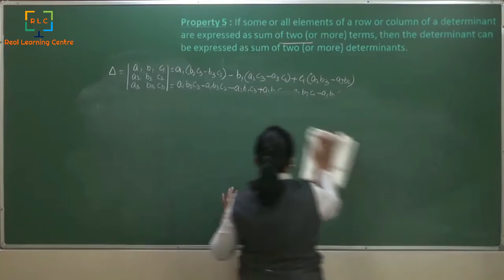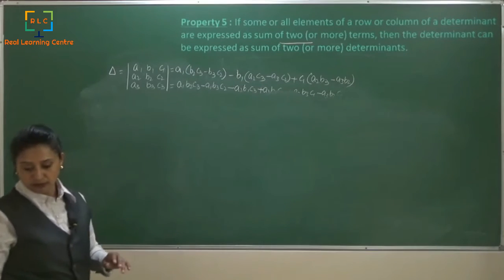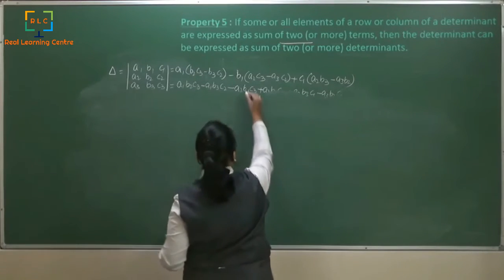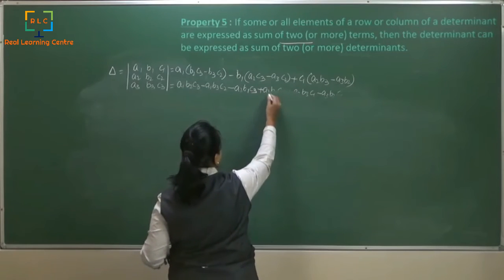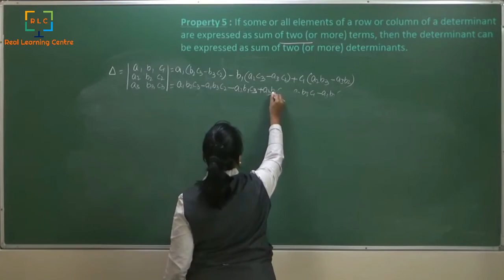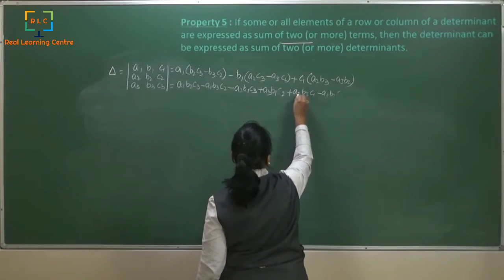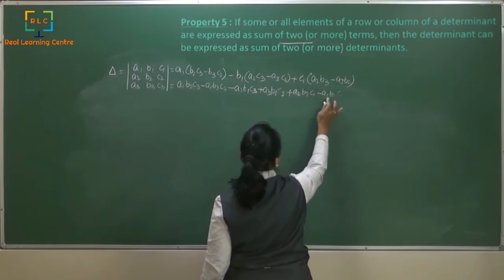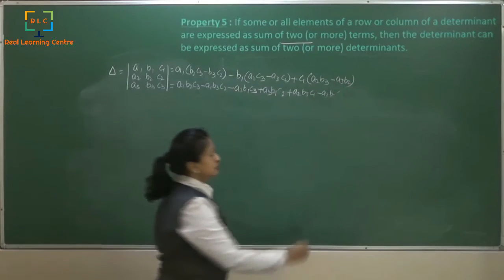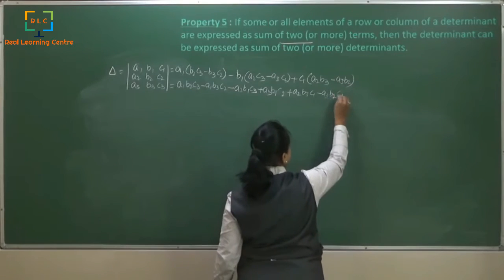Now I shall go to the next property, again retaining the first determinant expansion as it is. This is A1 B1 C3, this is A3 B1 C2 plus this is A2 B3 C1 minus this is B2 C1.